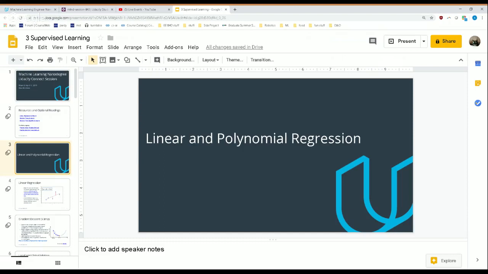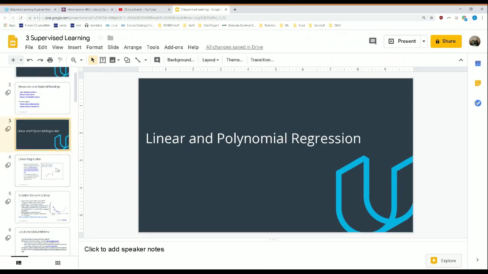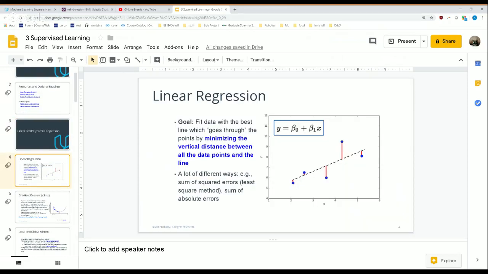Jumping right into it, we'll begin with linear and polynomial regression. In a nutshell, linear regression, as the name describes, is when your data can be drawn out in a bunch of points. Let's say that you have 2 features that you're trying to fit a line to, such as time as one feature and price as another.